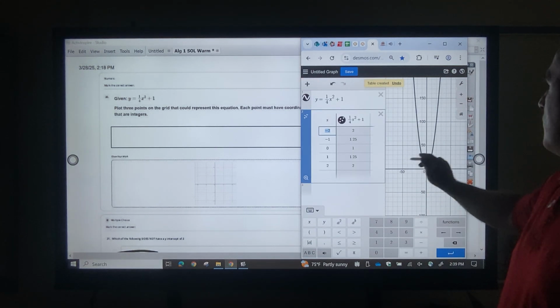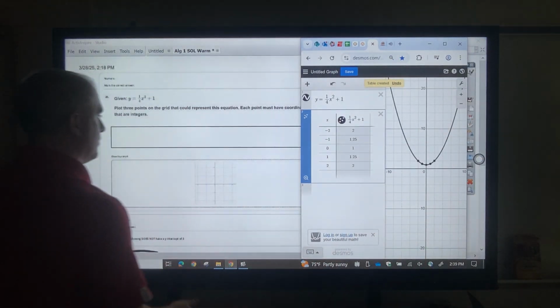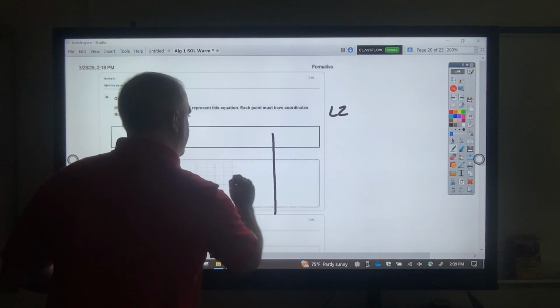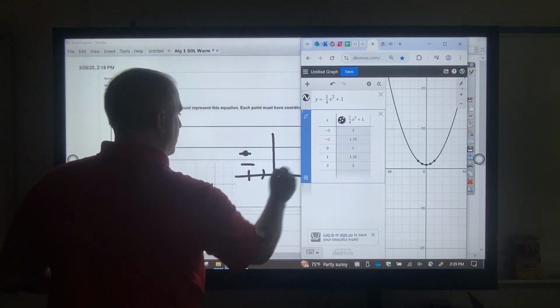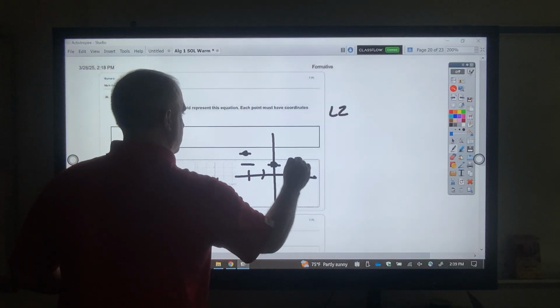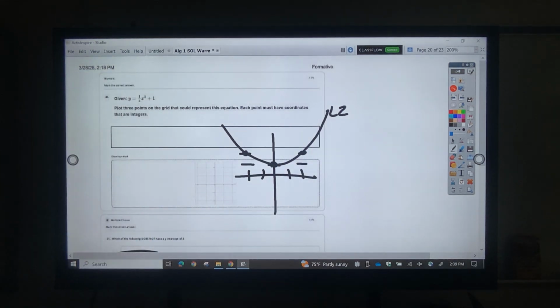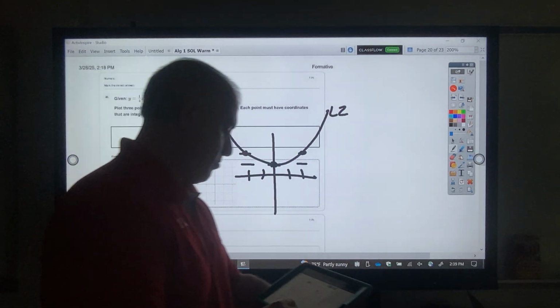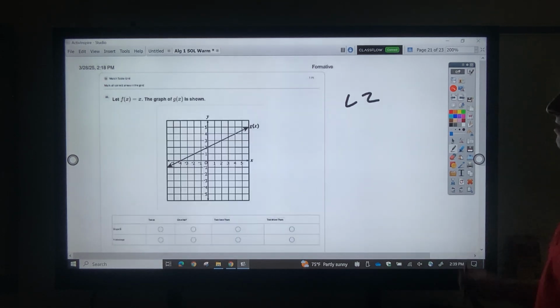Now, what I want to pick out are the ones that aren't decimals. So I would want to graph -2, 2. I'd want to graph 0, 1. And I would want to graph 2, 2. That would be how I'd want to do it. So you want to plot where those are. So that's 20, 21 we've already done.